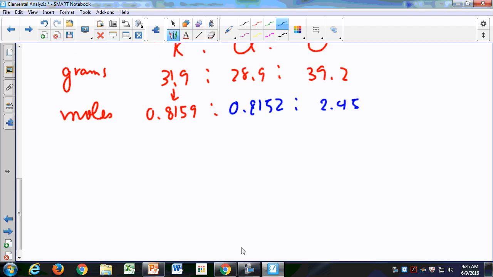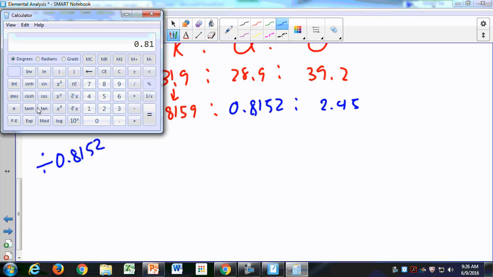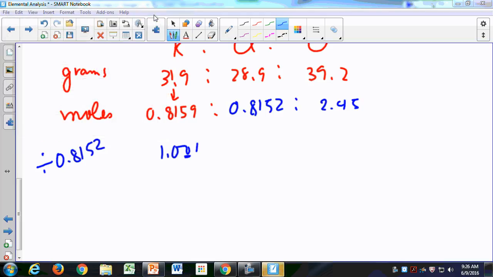Now that we have the mole to mole to mole ratio, we can reduce it to the smallest possible whole numbers by dividing by the smallest of these, which is 0.8152. So 0.8159 divided by 0.8152 is 1.001, which to 3 significant figures is practically just 1. And 0.8152 divided by 0.8152 is also 1.00.